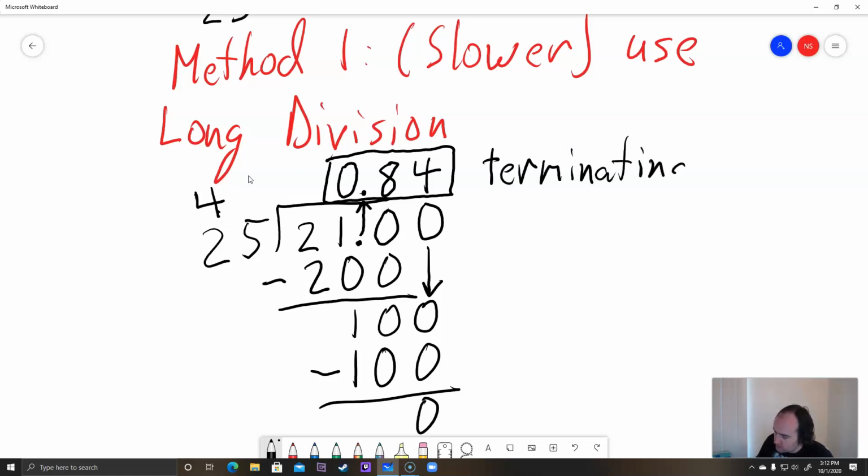Terminate means it stops. So notice it's a terminating decimal because it stops at 4 and then it doesn't go on. And it's not repeating the same pattern, so you could also call it non-repeating.